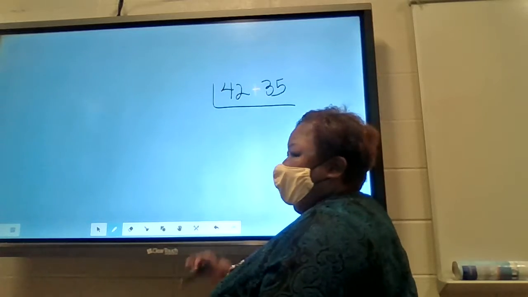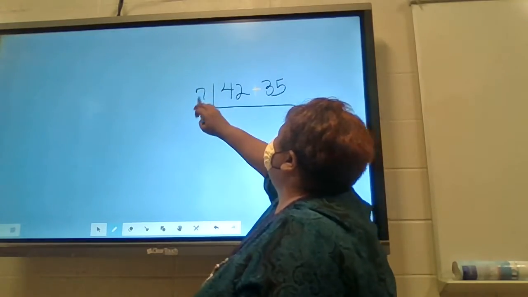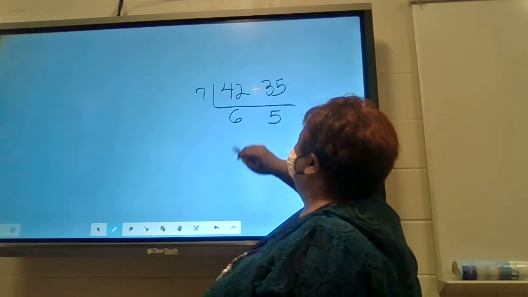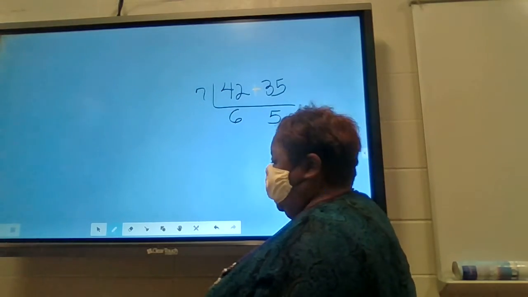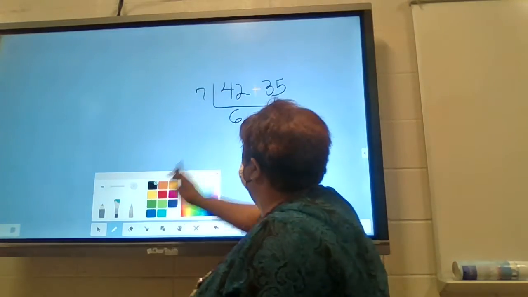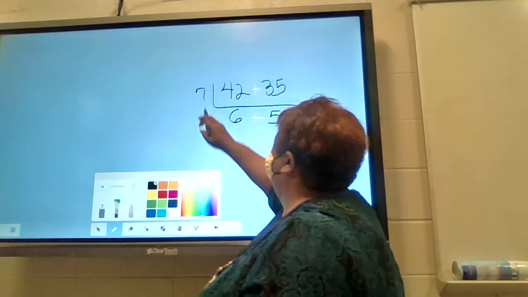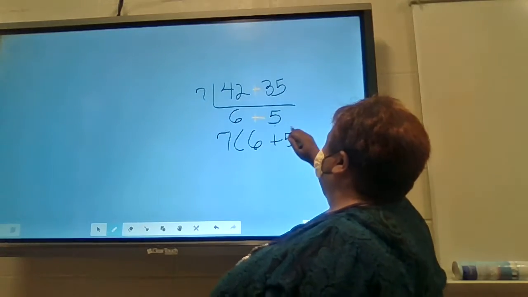Think about factors of 42. 7? Yeah. So 7 goes into 42 6 times. 7 goes into 35 5 times. 6 and 5, the only thing that goes into them is 1. So we're at 1 and done. So we have 7 times 6 plus 5.